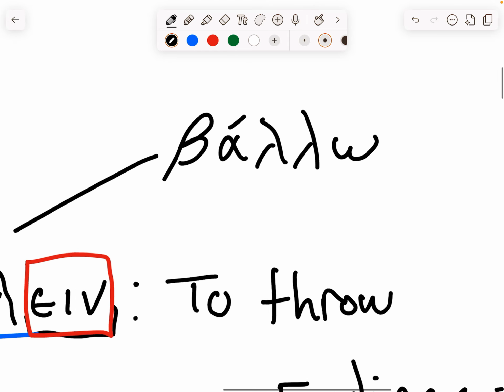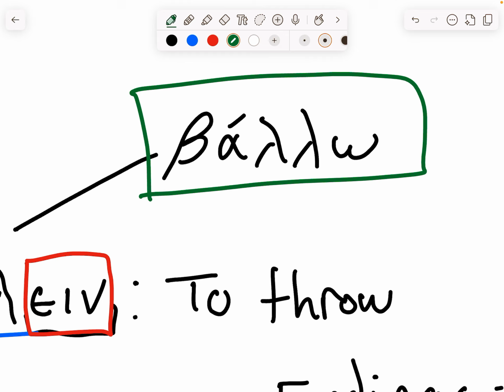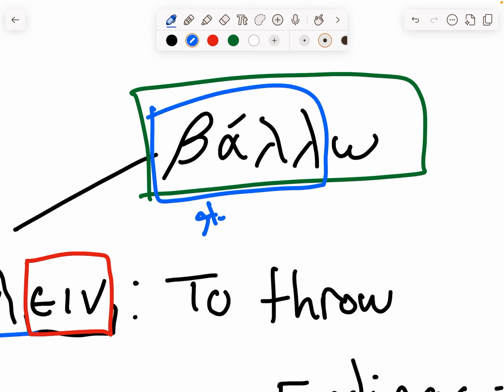So for future reference, you're always going to see the verb shown to you as balo. But the same thing applies: the stem and the ending.